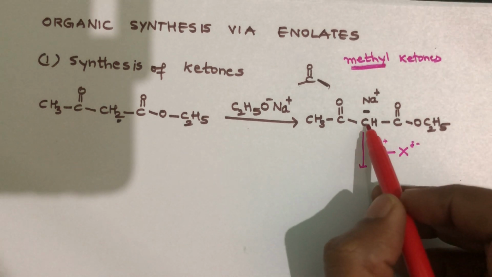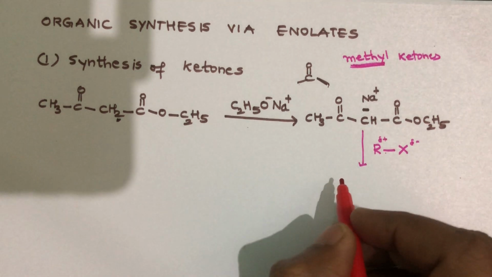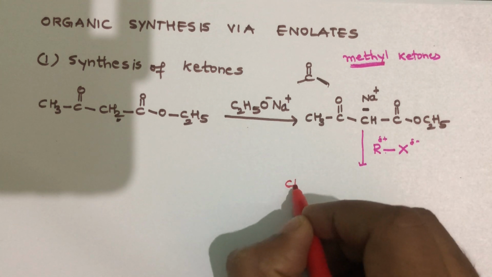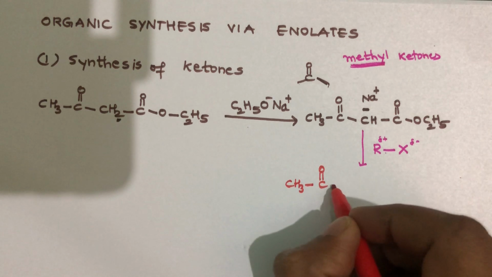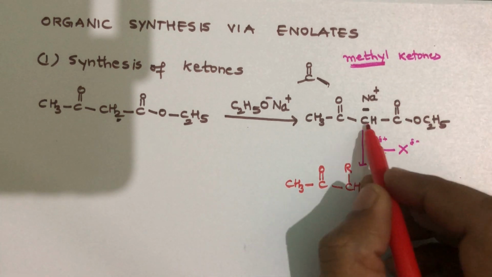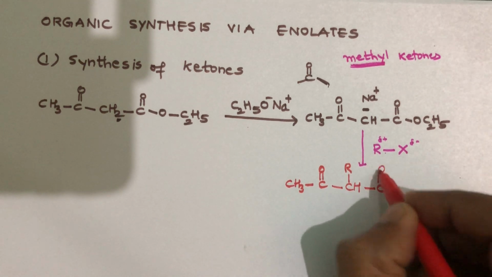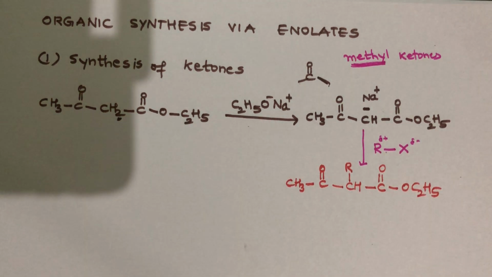There will be a bond formed between this carbon and R. I'll just write the structure of that compound. You get CH3, C double bond O, CHR, C double bond O, OC2H5. This is what we are going to get.